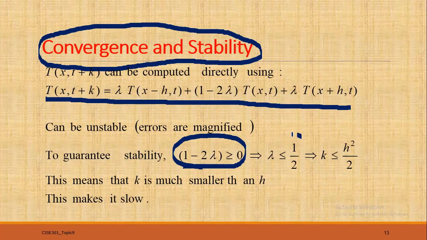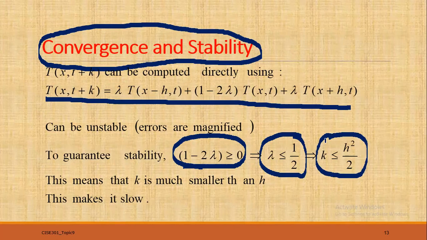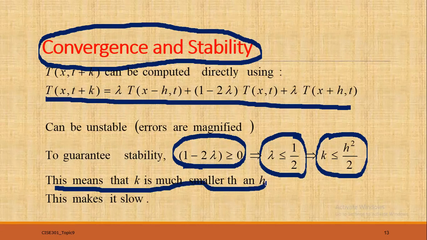That means lambda is less than or equal to 1 by 2. That means k is less than or equal to h square by 2. This means that k is much smaller than h.